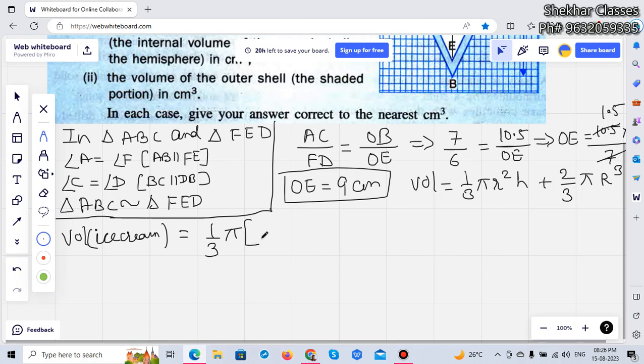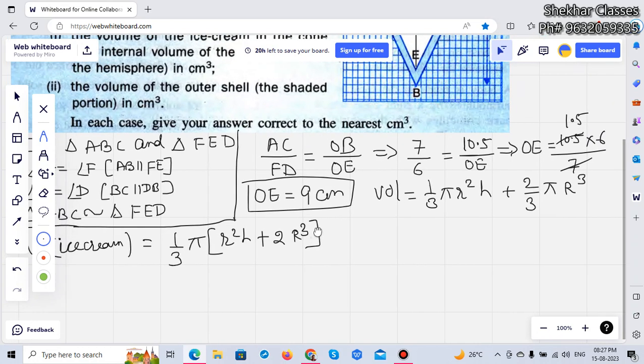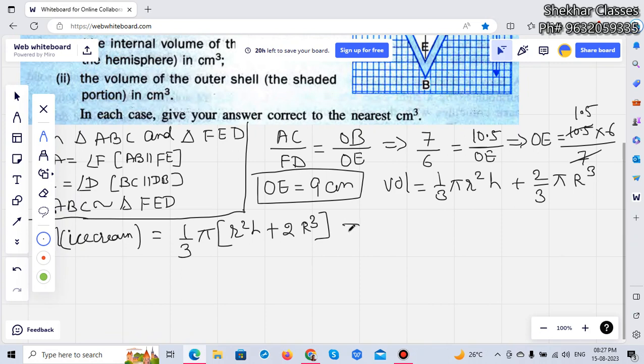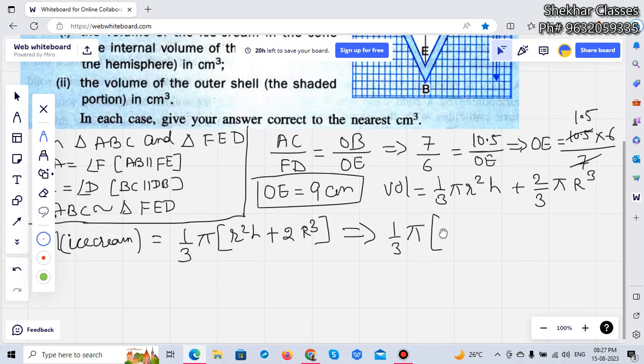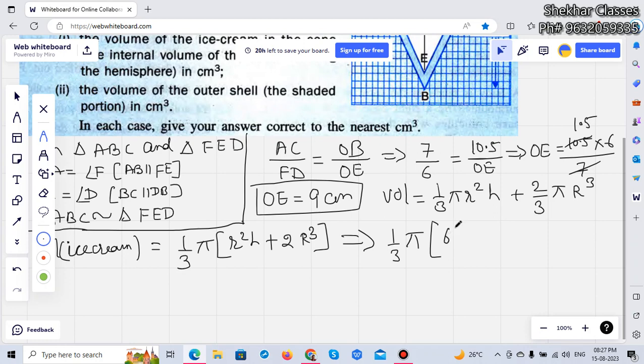What is left? r square h plus 2 R cube is left in it. Now after that I can put 1 upon 3 pi, with small r as 6, so 6 square h, we just got it as 9, plus 2 into capital R, which is 7 cube.